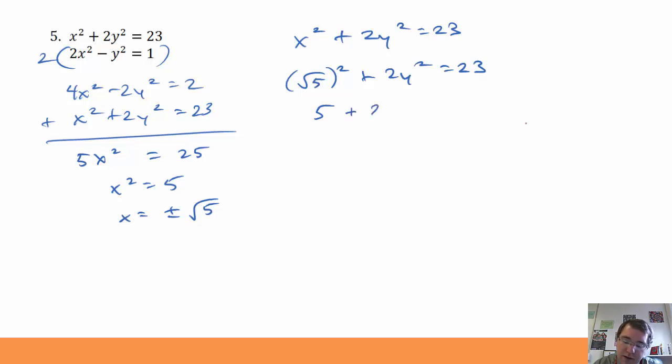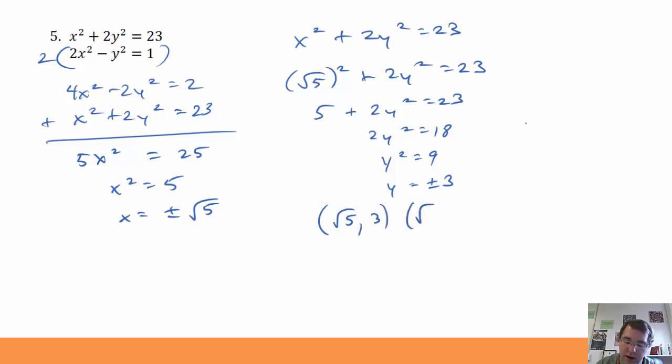Then plus 2y squared equals 23. Subtract the 5 to the other side. Then 2y squared equals 18. Divide both sides by 2. Y squared equals 9. It means y equals plus or minus 3. So when x is positive square root of 5, I get two values for y. So that's going to lead to two separate solutions. Square root of 5, comma 3, and square root of 5, comma negative 3.